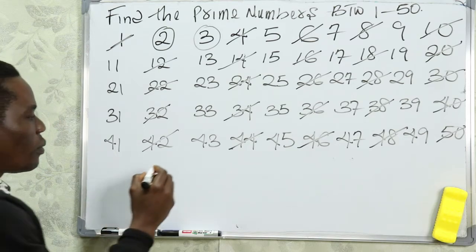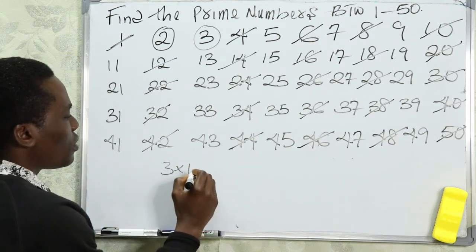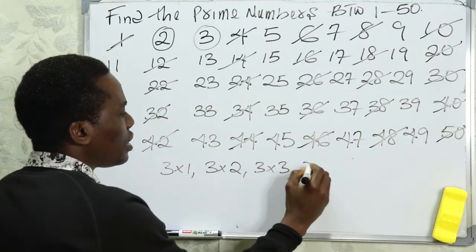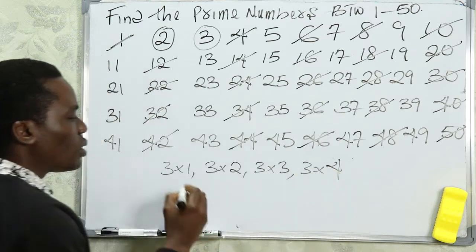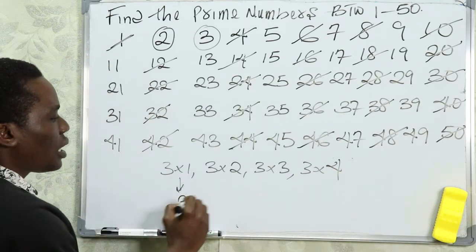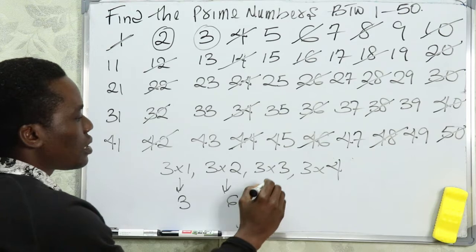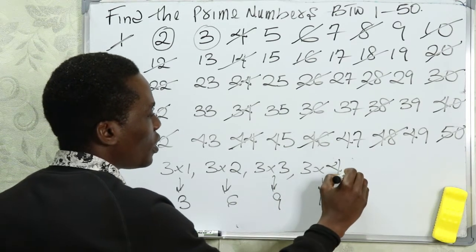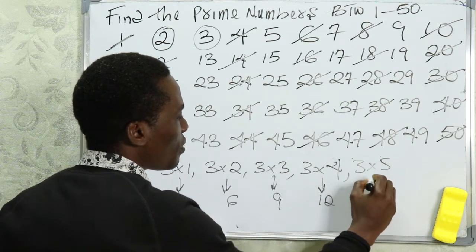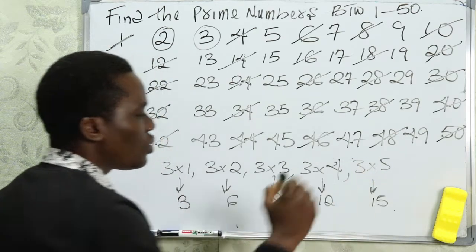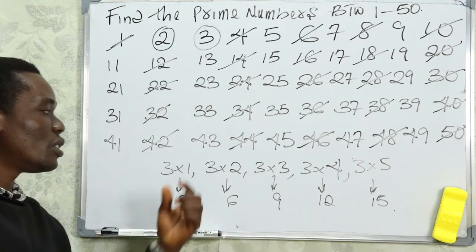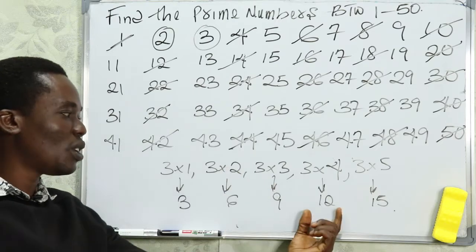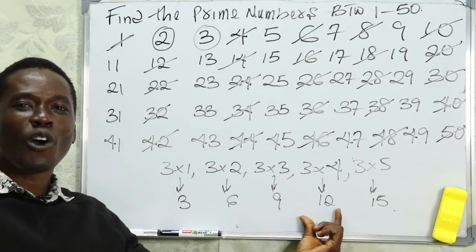Remember, the multiples of 3 come from 3 times 1, 3 times 2, 3 times 3, 3 times 4, which give 3, 6, 9, 12. 3 times 5 gives 15. On and on, if you continue multiplying 3 by numbers, whatever they produce are the multiples of 3.